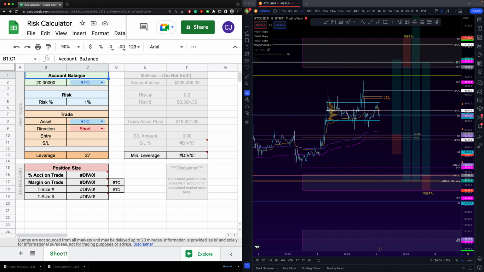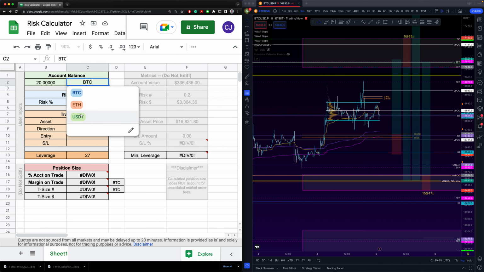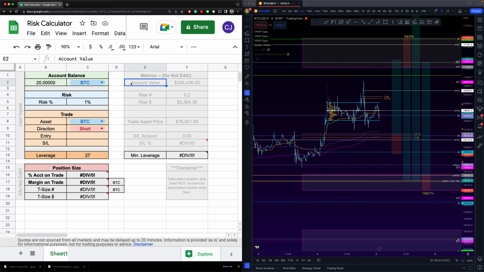First thing you'll want to do is input your account balance. So for this example, we're going to be using a 20 Bitcoin account balance. You can also change this to Ethereum or USDT. This will automatically calculate your account value over here on the right.